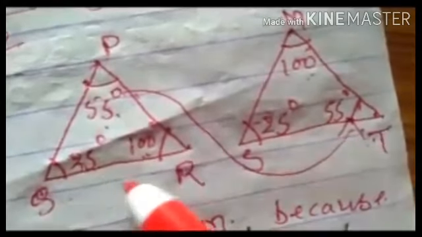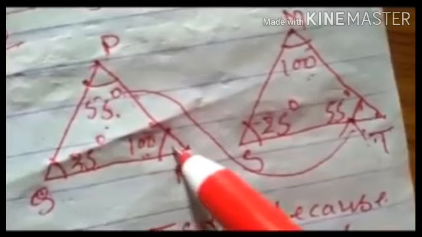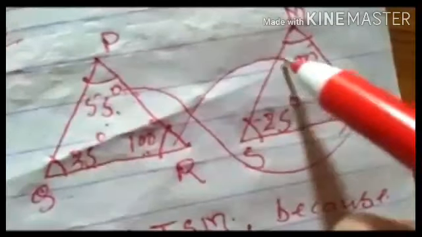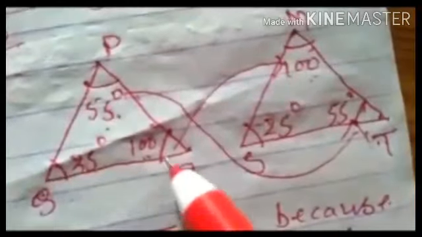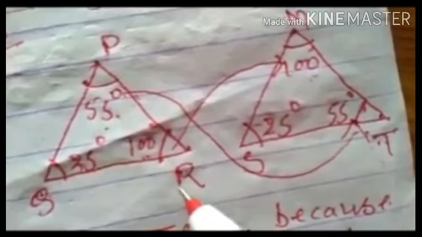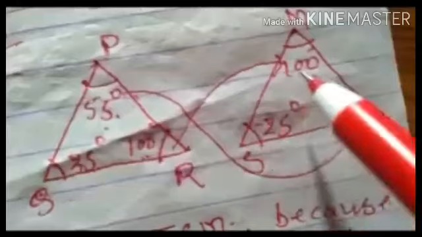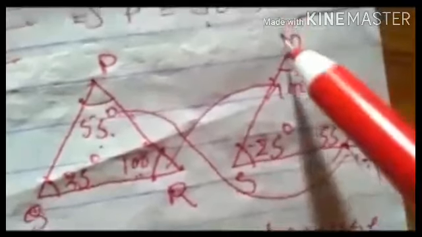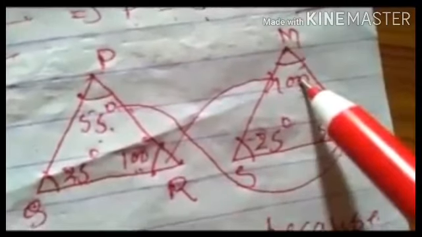And again angle R is equal to angle M. Angle R in triangle PQR is 100 degree, and angle M in triangle MST is 100 degree.